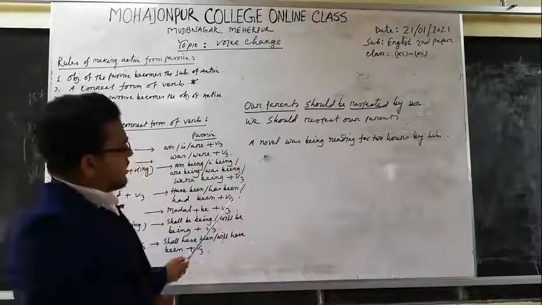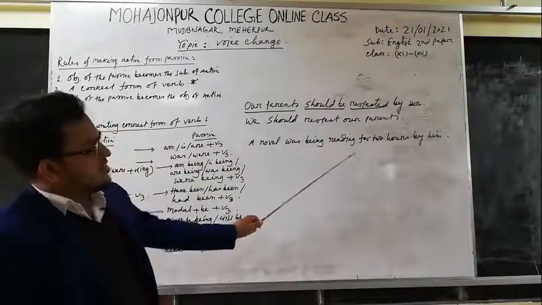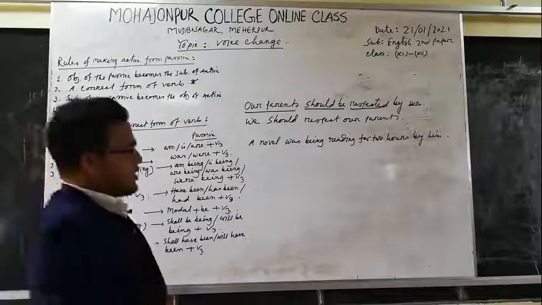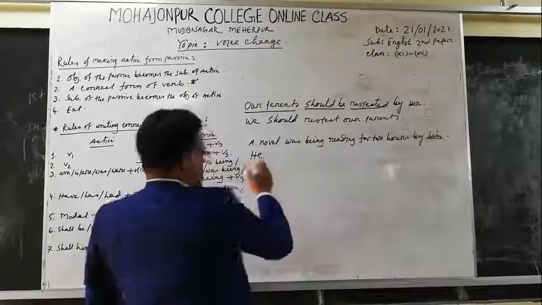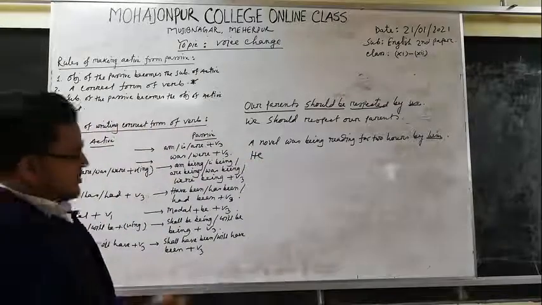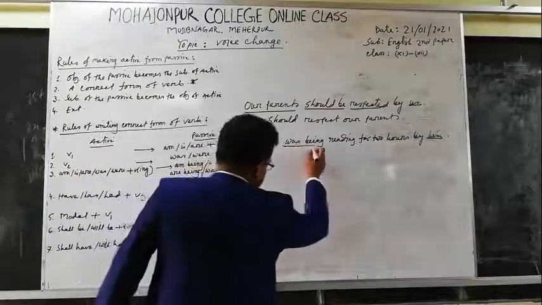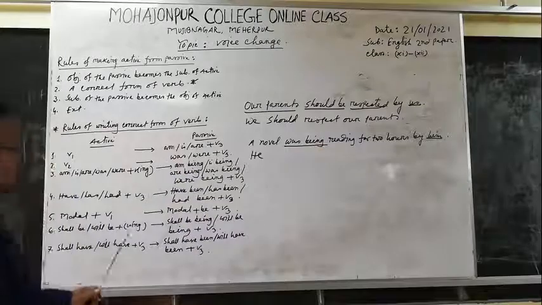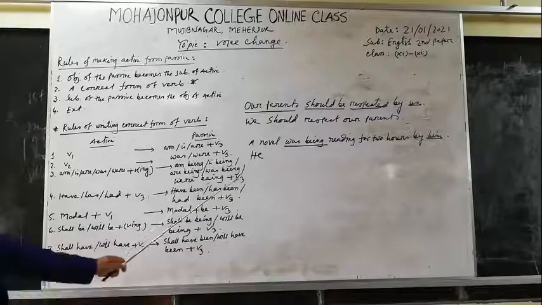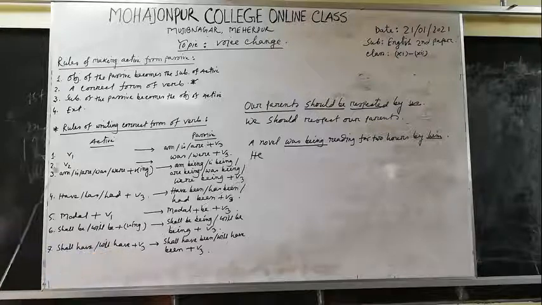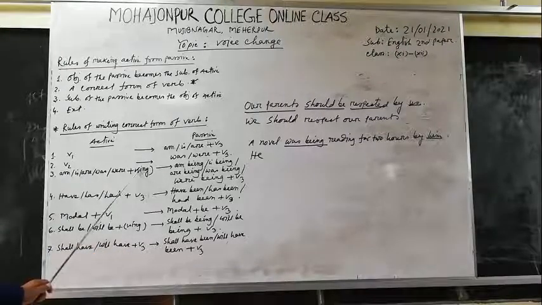Okay, a novel was being read for 2 hours by him. Here there is object him, so subjective form of object him is he, and then by noticing the auxiliary verb of passive was being, if there is am being, is being, are being, was being and were being, and past participle form of verb, it will become am, is, are, was, were, and ing form of verb.